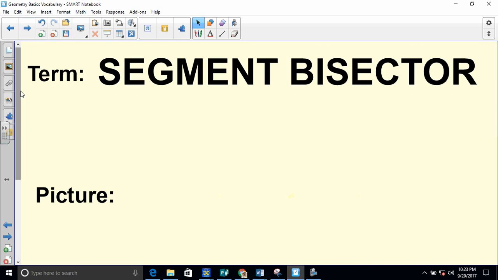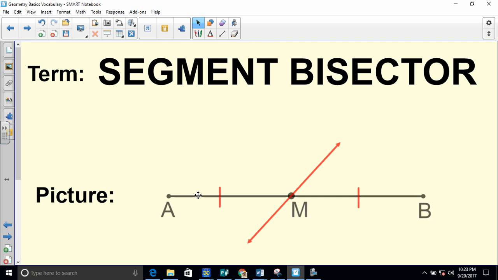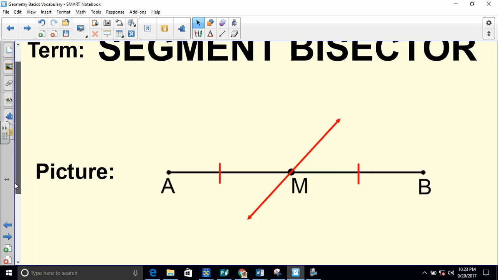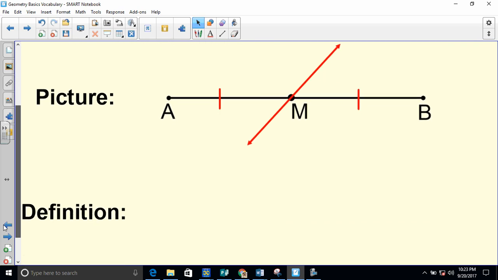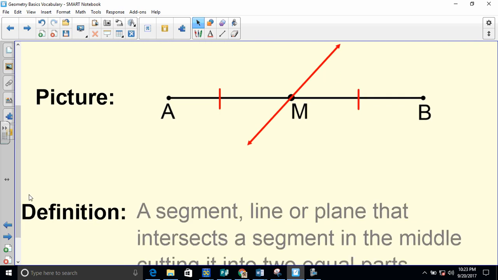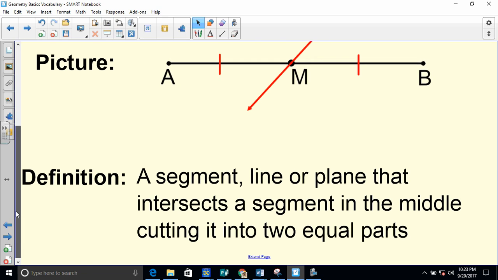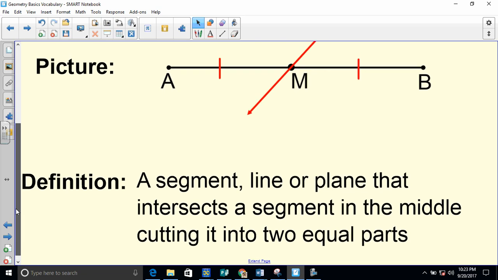And then a segment bisector, along the same lines, is going to cut a segment in half. It's going to cut it and make two equal parts. So basically, by definition, it's a segment, line, or plane that intersects a segment in the middle, cutting it into two equal parts. Because remember, a segment doesn't go on and on. It has endpoints.